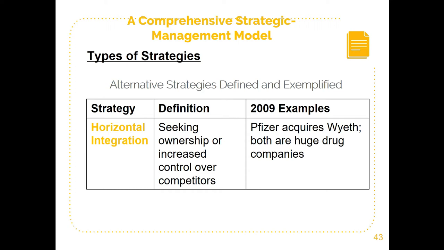So that is an example of your horizontal integration. An example here is Pfizer acquiring Wyeth. So these are both huge drug companies, but Pfizer acquired Wyeth. So this is an example of your horizontal integration.